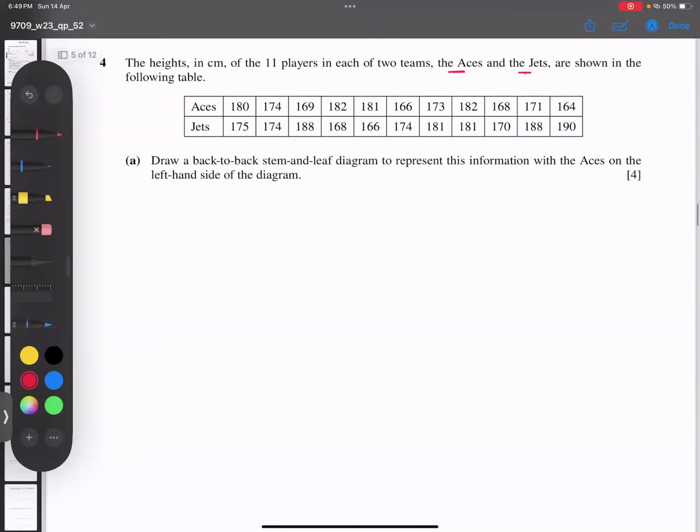Draw a back-to-back stem and leaf diagram. For these kinds of questions, students, in the whole group find the smallest value and the highest value.